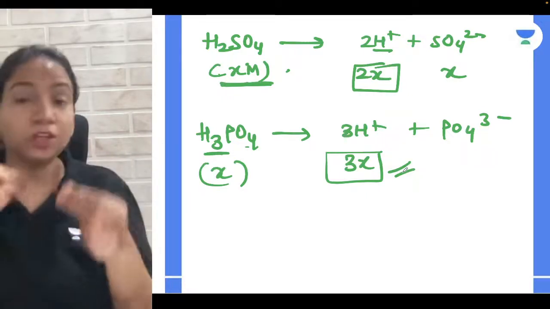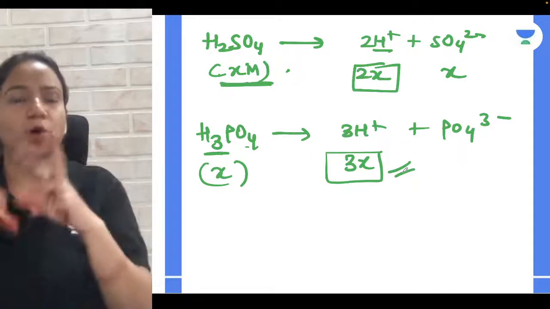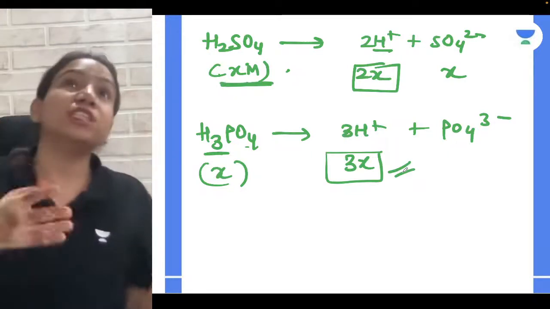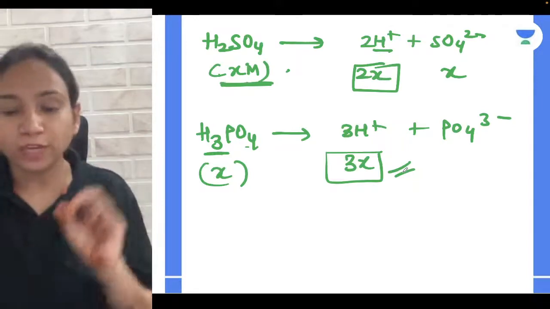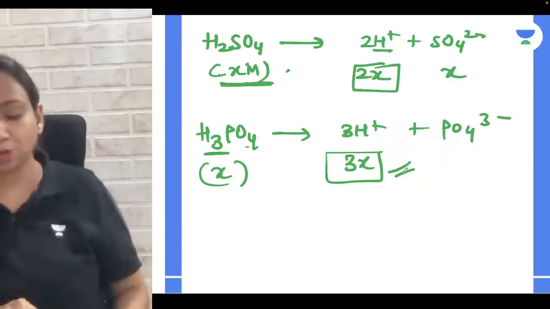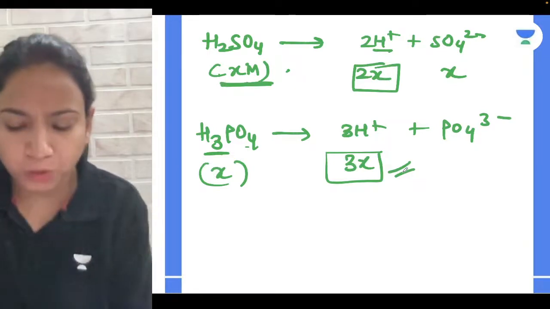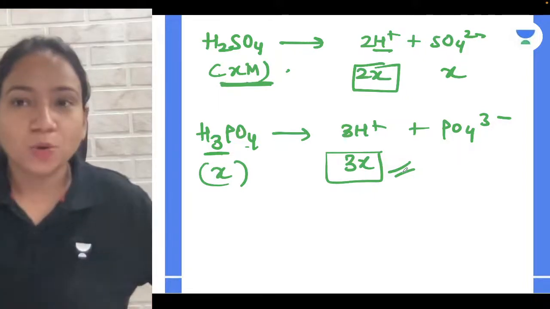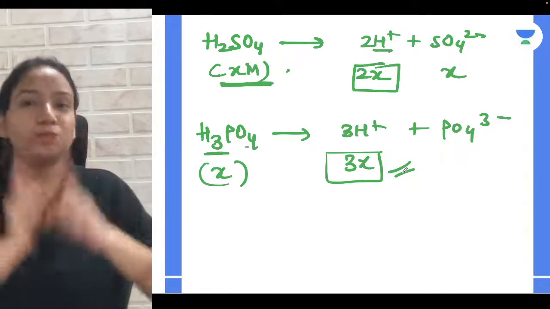But if the ratio of ions is different, like 1:2, 2:1, 1:3, anything, you have to take the H plus or OH minus ion concentration in the same ratio. You multiply with the same number and you will get the absolutely correct answer.